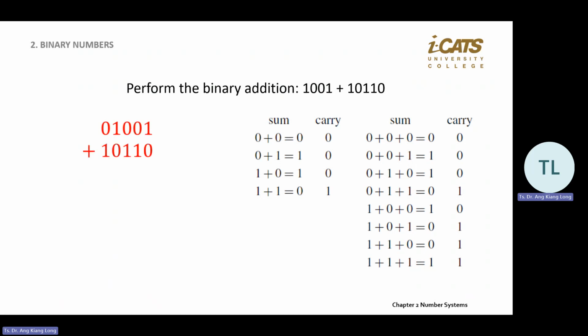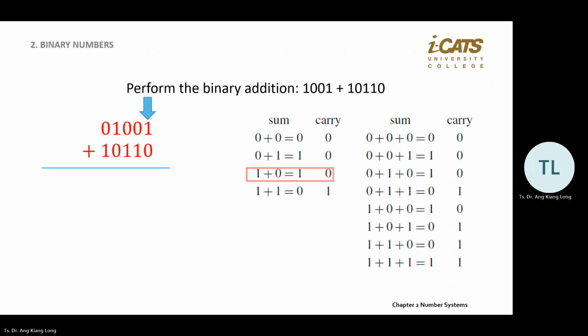You put the first number plus 10111, arranging the numbers in this format. Then you draw a line. You work from the right hand side first. You go for the first 2 columns first. 1 plus 0 is 1, carry 0.